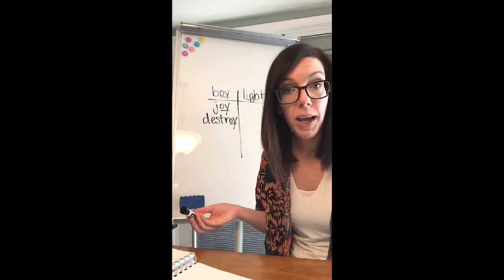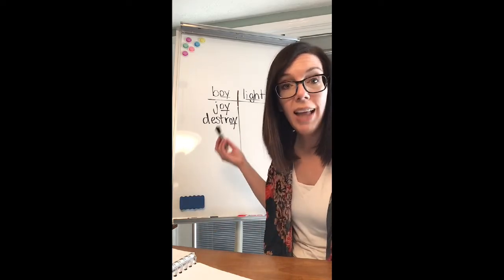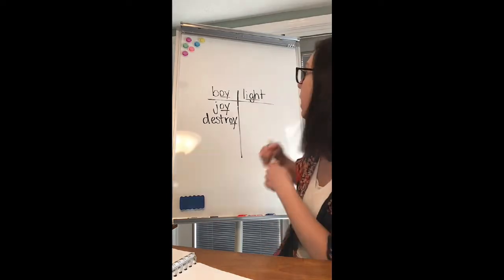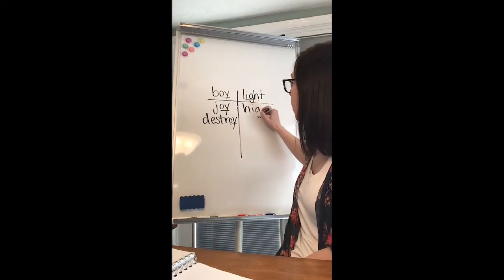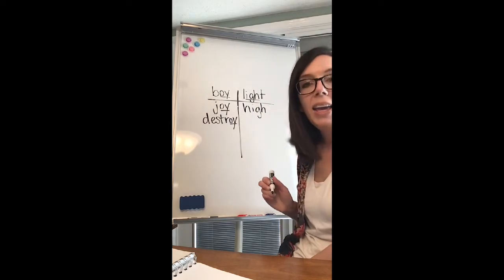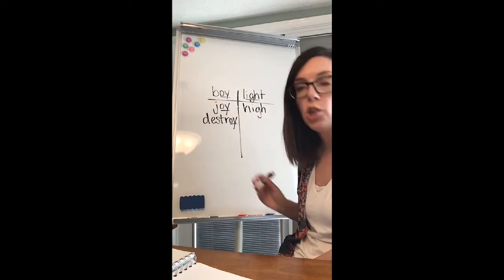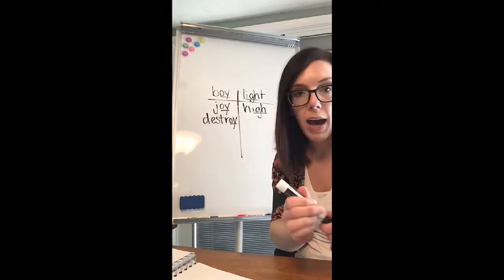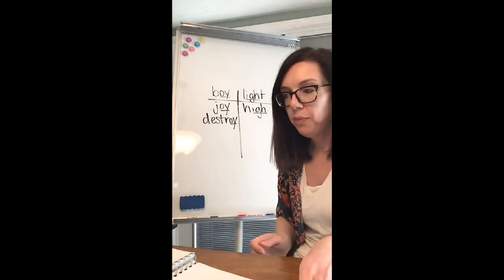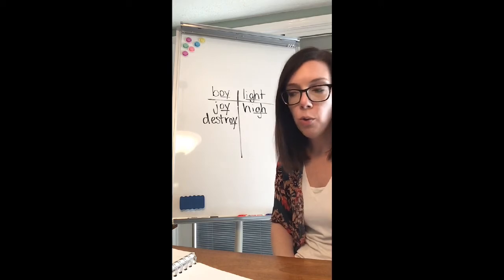So where are we going to put it? We're going to put it under light because it still has that same sound in it as light. So we're going to write high, H-I-G-H. And then we're going to underline that hunk and chunk that we hear, the I-G-H. Very good. Make sure you write that on yours too.